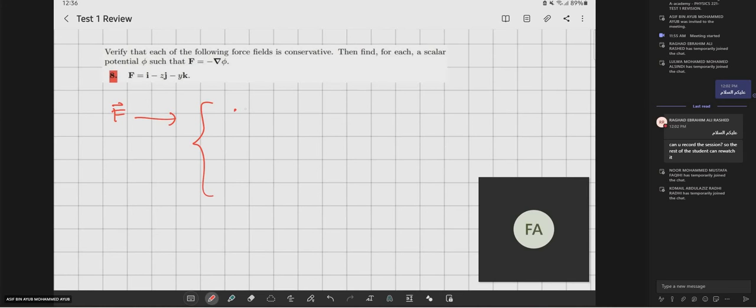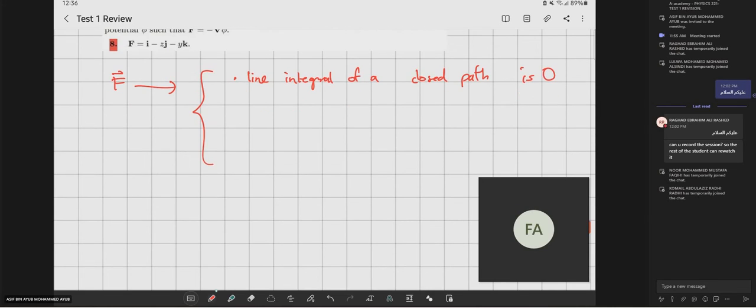If the line integral of a closed path is 0. Suppose I have a path that starts and stops at the same point and goes like this.